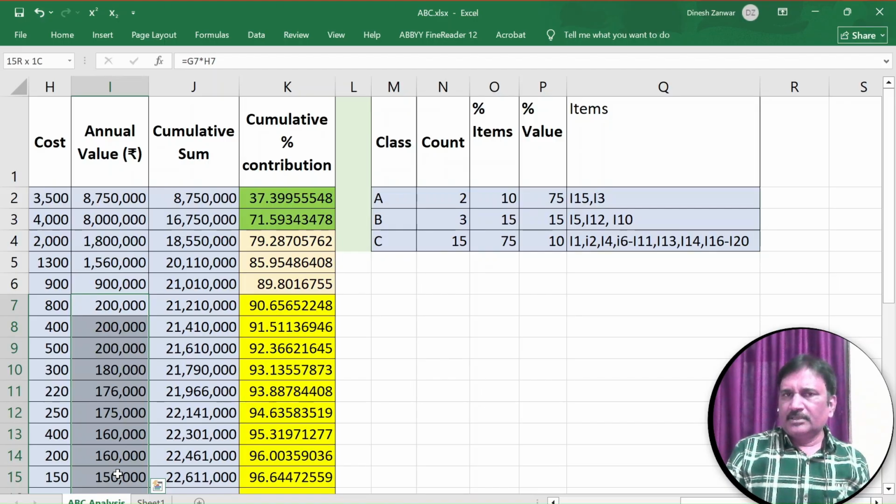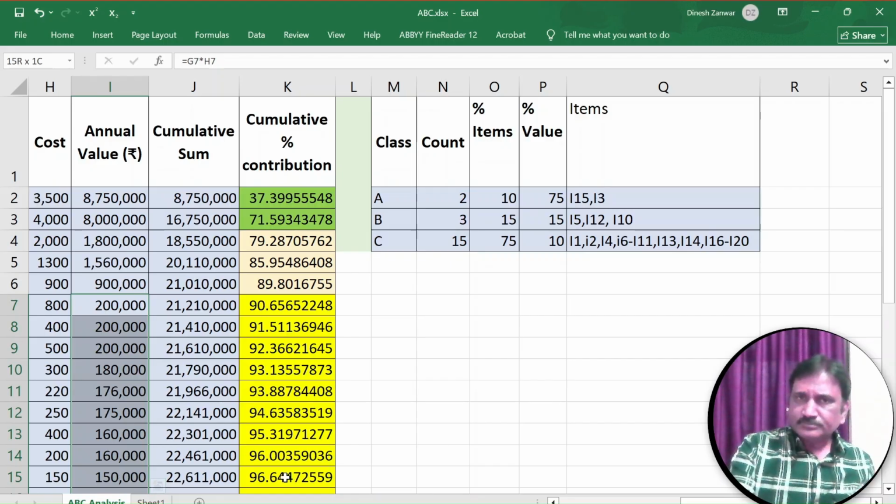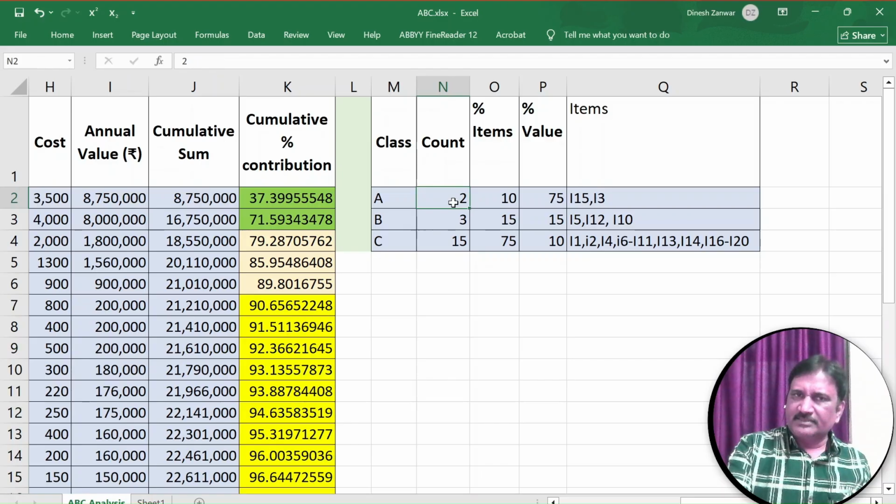Now what is the use of this ABC analysis? We will be very careful about the inventory management of A class items because they are less in number, but they contribute highly to the consumption value.